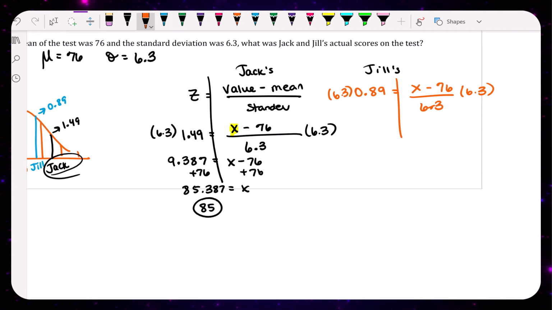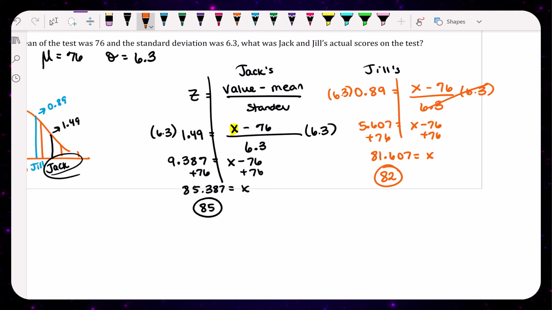So the good news is we're going to do all the same steps, and we get 5.607. And then we're going to finish up by adding 76, and we wind up with 81.607. Now, if we've done this correctly, Jill's score should be just slightly below Jack's score. We round that to an 82, and that makes sense, doesn't it?